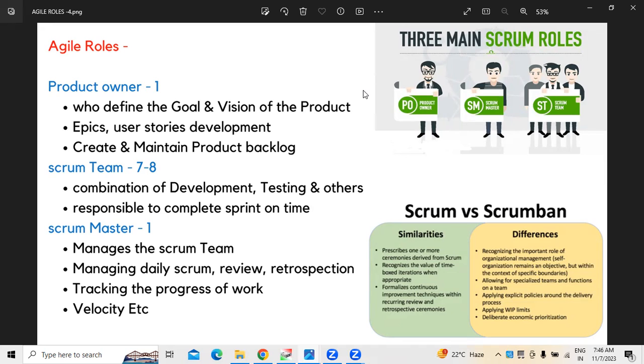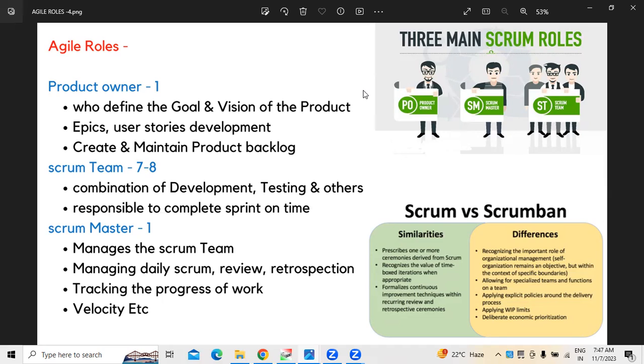For example, if there are around 5 to 6 people, how much time can these people spend to complete the task? That is effort estimation. Once they start working on the project, we must know about the progress of work. For that, we prepare burn-down charts and burn-up charts. Next, velocity.